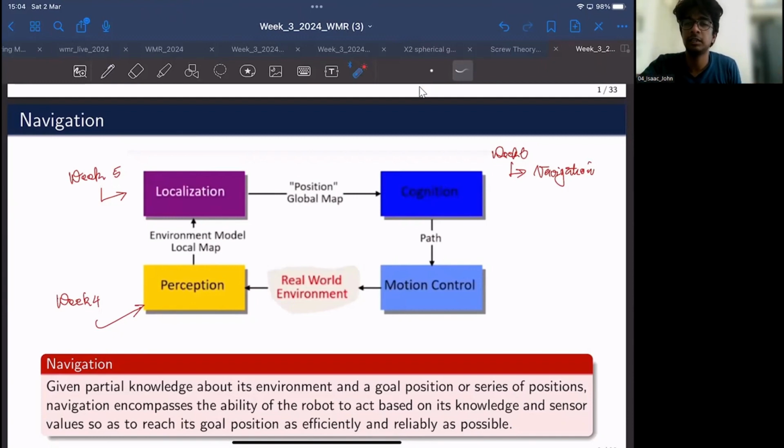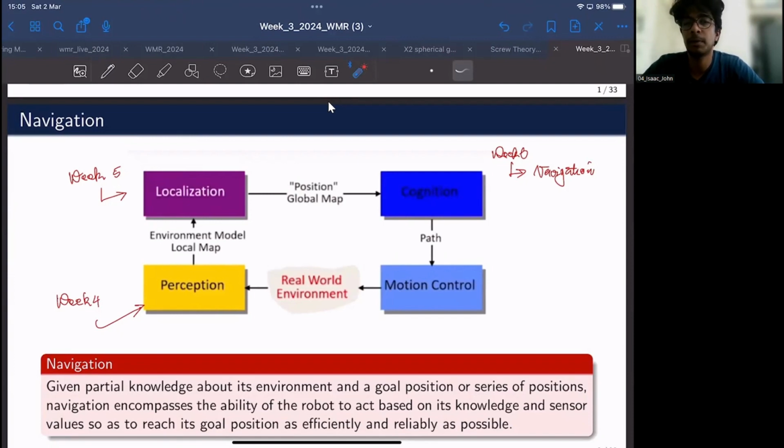Because as you can see, the workspace of a robot is unrestricted or unregulated. If it is starting from a start position, and there is a goal position, and the robot knows its whereabouts within a given map, there could be multiple ways that it could go from the start position all the way to the goal position. Then how do we select the most appropriate path? There could be some sort of optimization criteria.